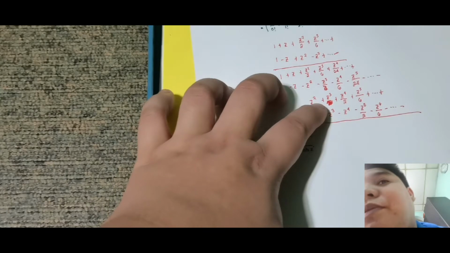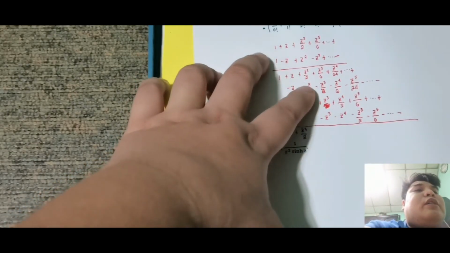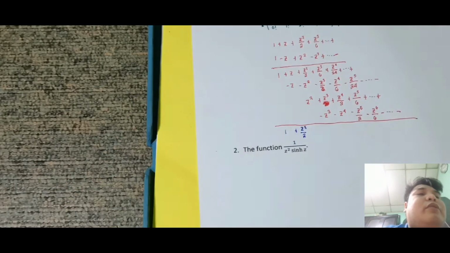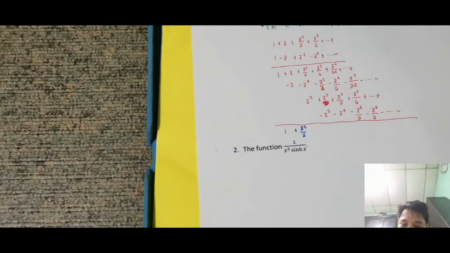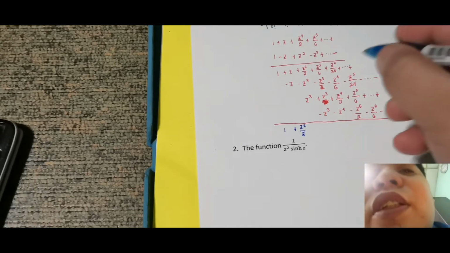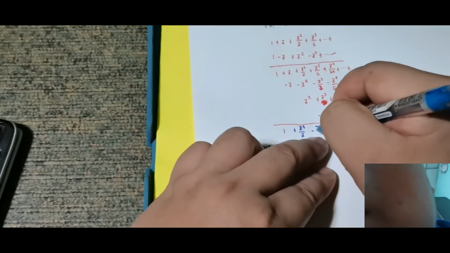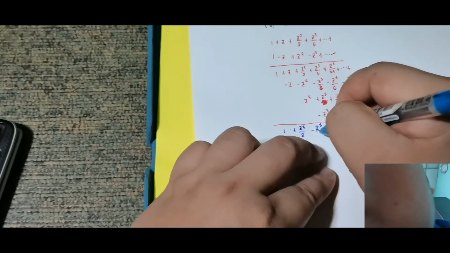Cancel yung z cube. So para mag-add tayo ng 1 over 6 minus 1 over 2. So try natin. So 1 over 6 minus 1 over 2, that is negative 1/3. So this is minus z cube over 3.